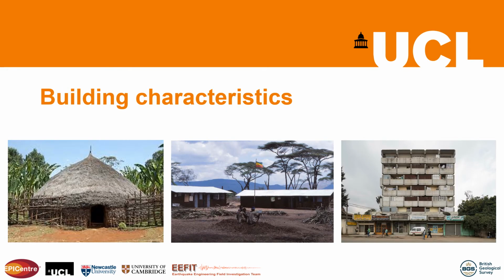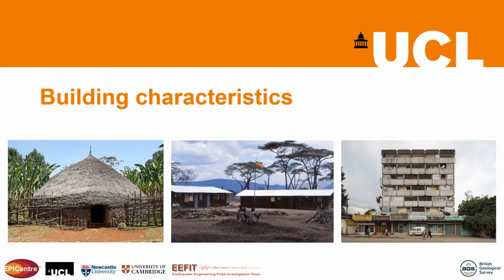And so the building characteristics module records really anything about a building, about the construction material and usage of a building. So these three photographs are just from Ethiopia, where I'm working, showing different types of buildings that we see in Ethiopia. So in rural areas, we have these traditional circular grass thatch roofed buildings.